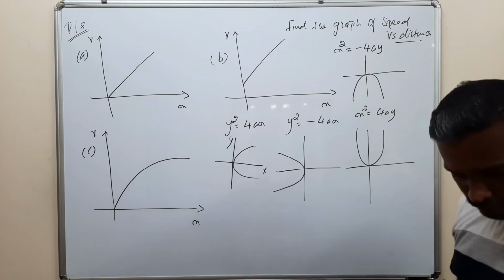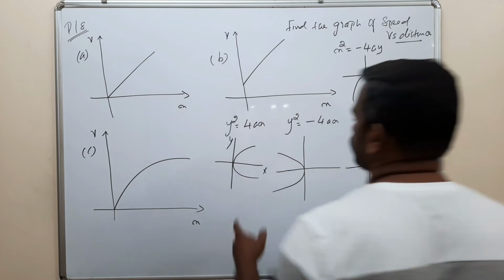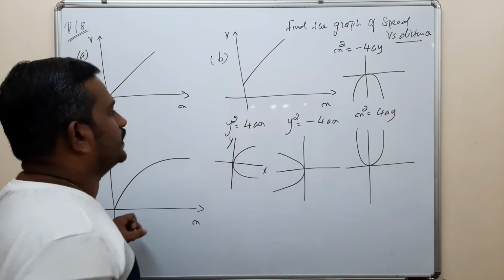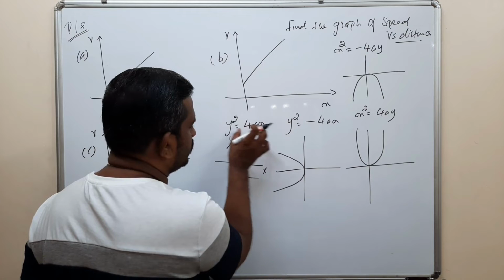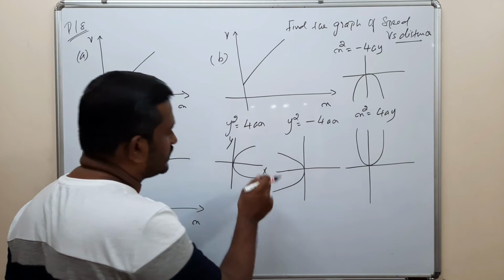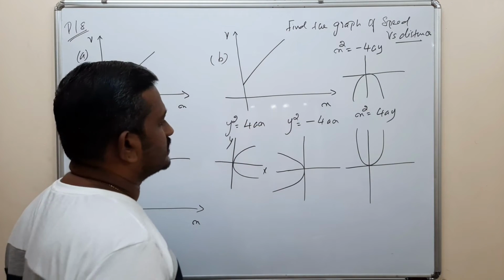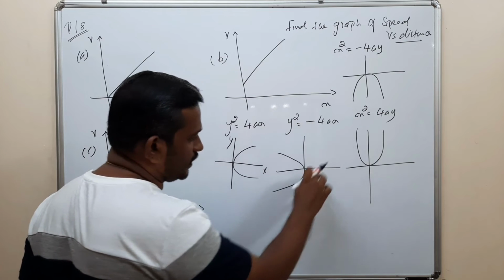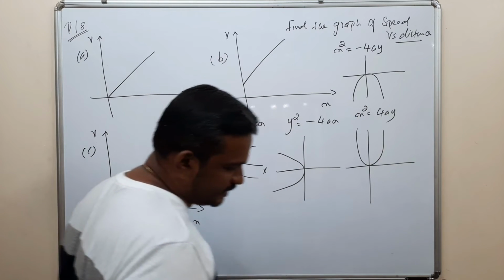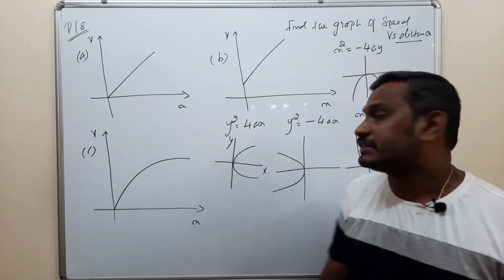These are the 4 types of parabola. Y square is equal to 4ax means it is along the x axis. Y square is equal to minus 4ax means the parabola is in the opposite direction.